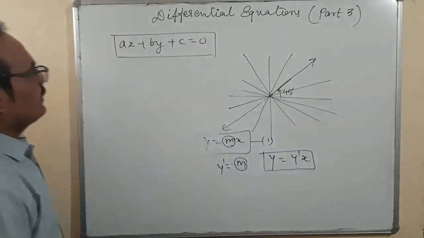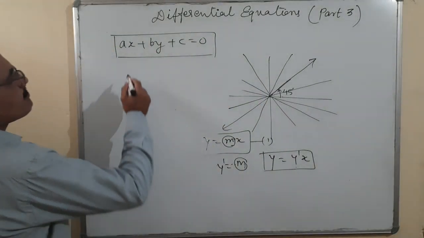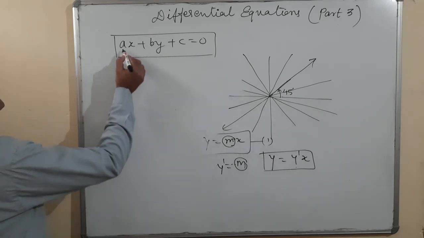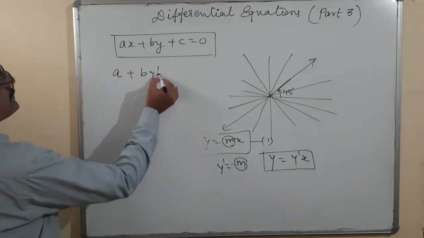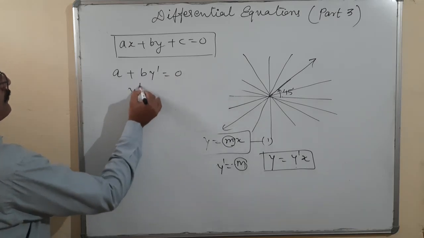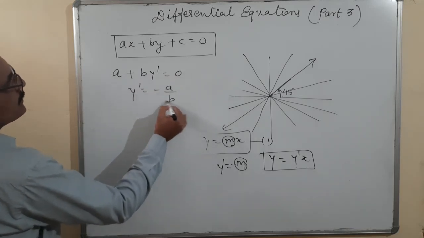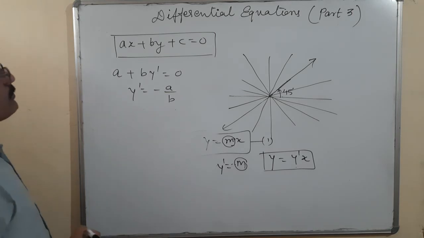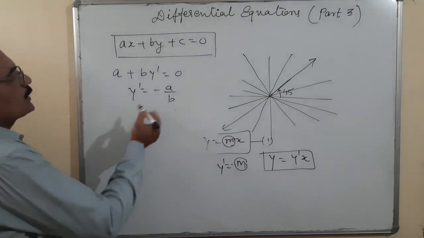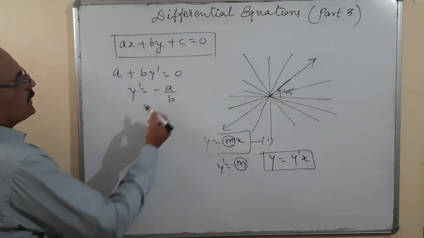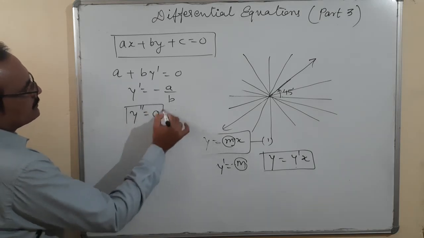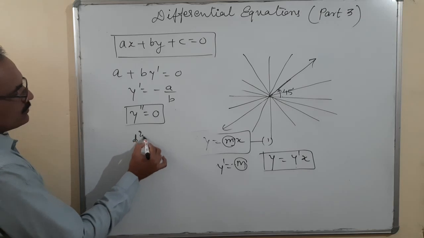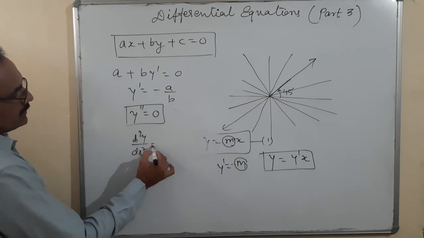Suppose I differentiate this term: a times the derivative of x, which is 1, plus b y dash is equal to 0, so y dash is equal to minus a upon b. Once again differentiate, so y double dash is equal to 0, that means d2y by dx square is equal to 0.